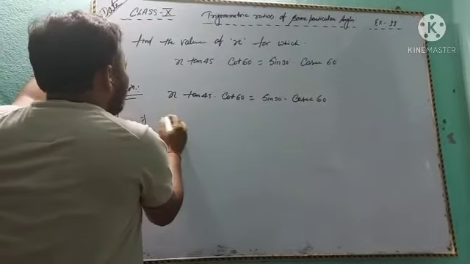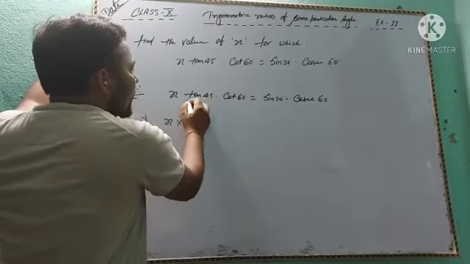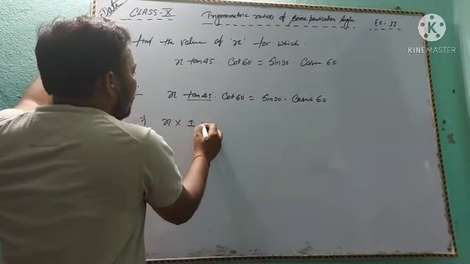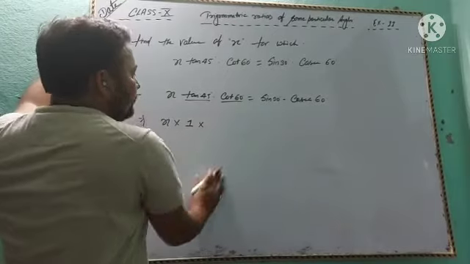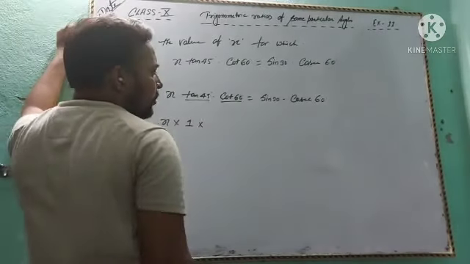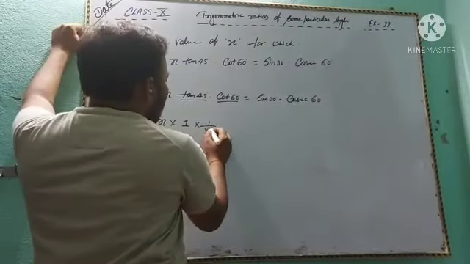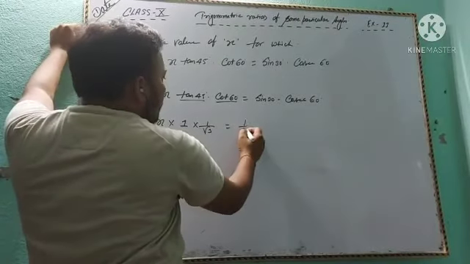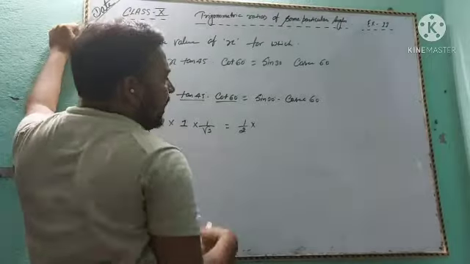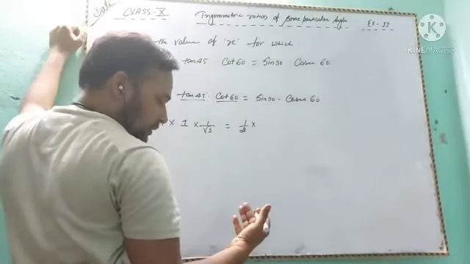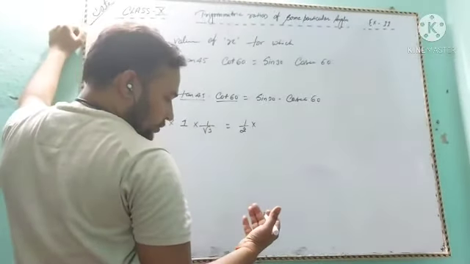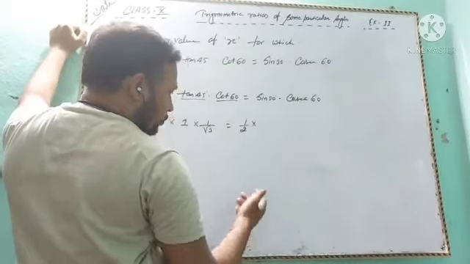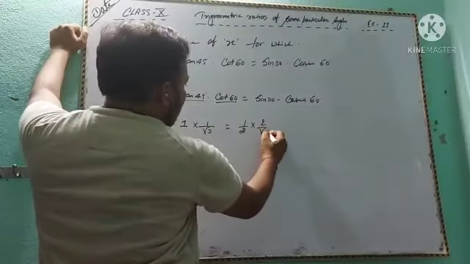Okay, so students, x, the value of tan 45 degree is 1, into cot 60 degree, the value of cot 60 degree is 1 by root 3, is equal to the value of sin 30 degree is 1 by 2, the value of cosec 60 degree is 2 by root 3.